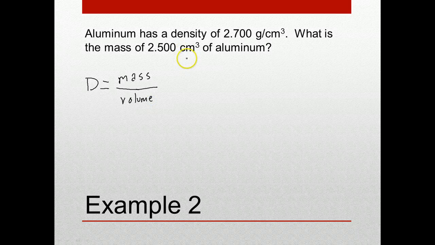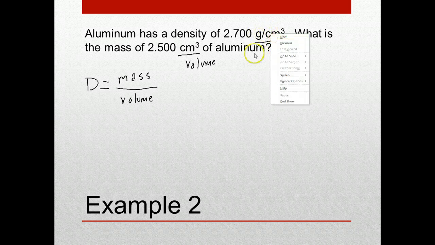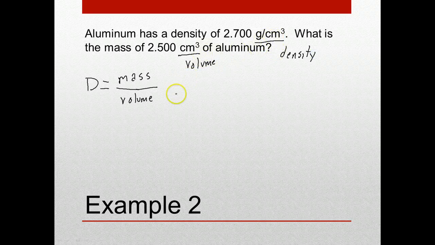The first thing you've got to figure out is what are we given here? We have centimeters cubed. That's going to be a volume. You're also given grams divided by centimeters cubed. What you need to be working on in this class is recognizing what a unit tells you. This tells you that you have mass and volume. So this is your density. When you see a mass divided by a volume, that's going to be a density.